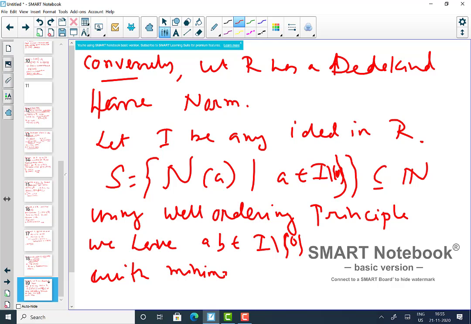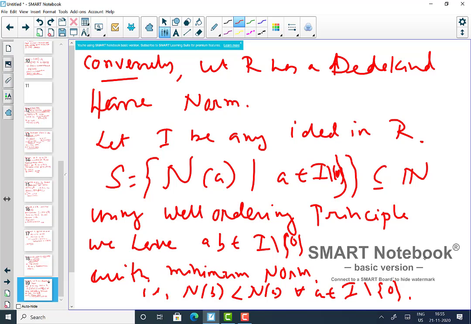Whatever, the least element. So what does that mean? That means the norm of B is less than or equal to the norm of A for all A belonging to I minus 0. Only 0 can have norm 0. Okay. So this is the condition we get.